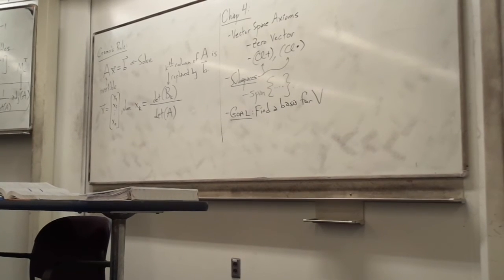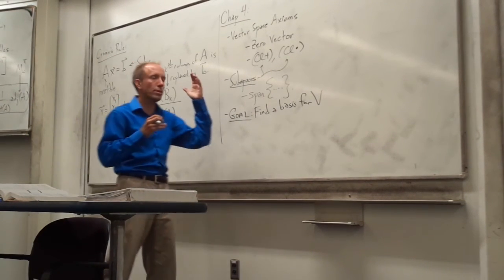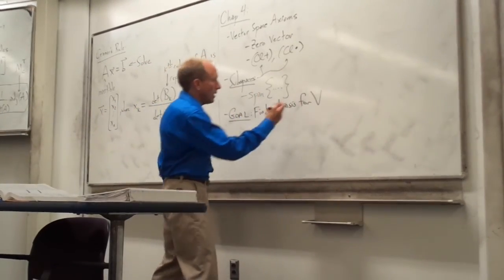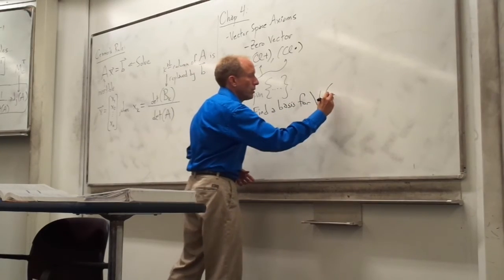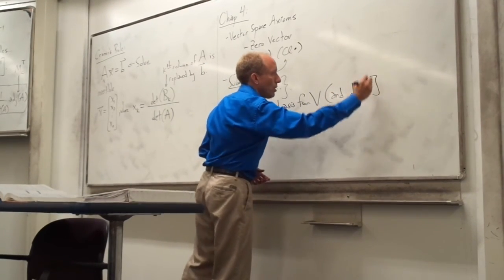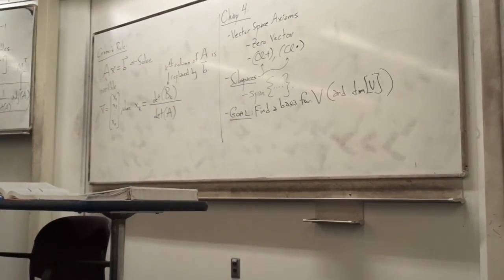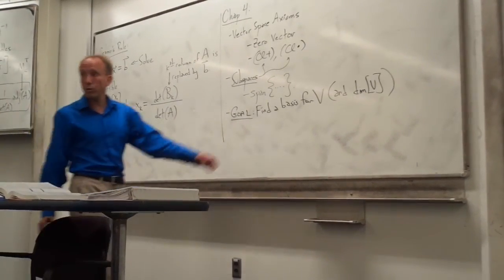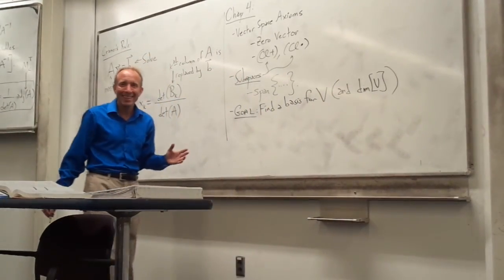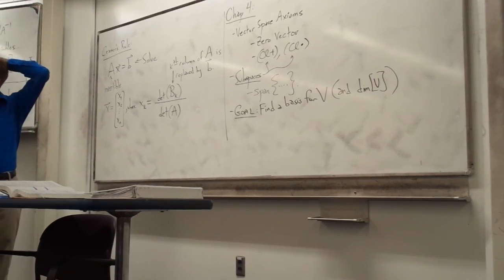I pretty much guarantee there's going to be something about this on the test, because this is the core of everything. Basis is also tied in with dimension. If I can find a basis for V, then I can also talk about the dimension of V, which is just the number of vectors in the basis. So that's a key concept.